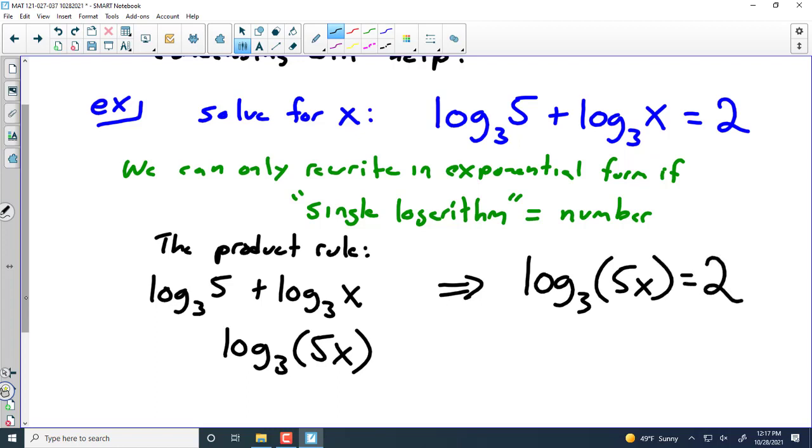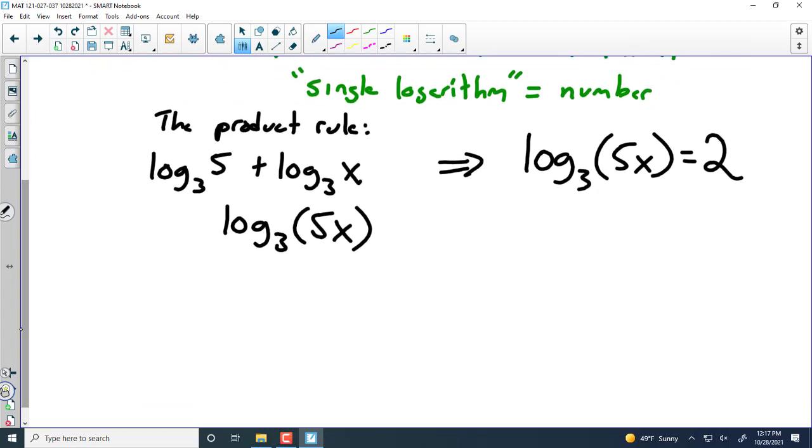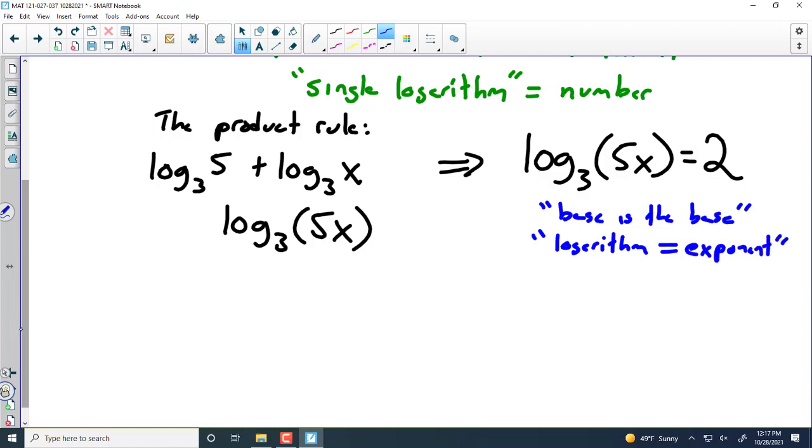And now, since I have a single logarithm equals a number, I can remember this. Base is the base. Logarithm equals the exponent, or the power, and I can rewrite this.